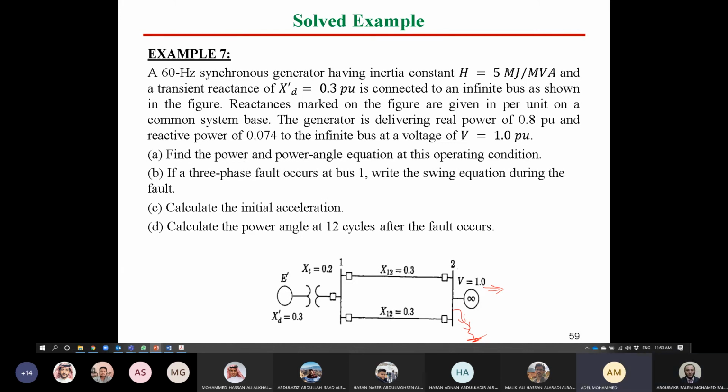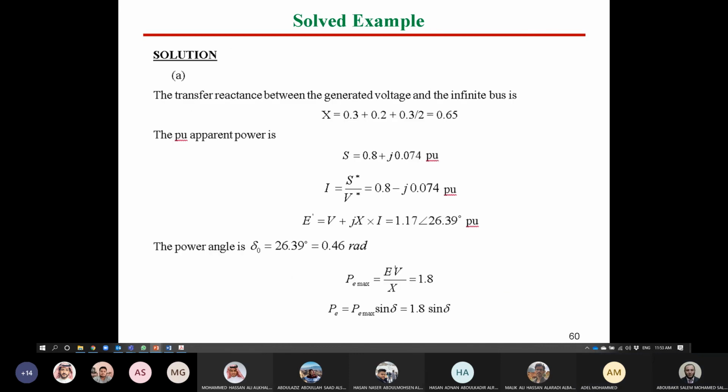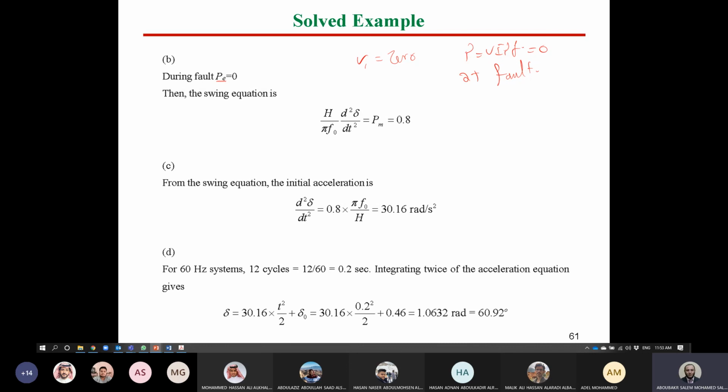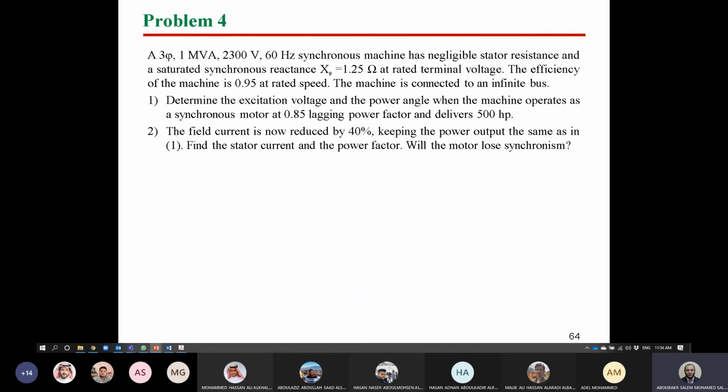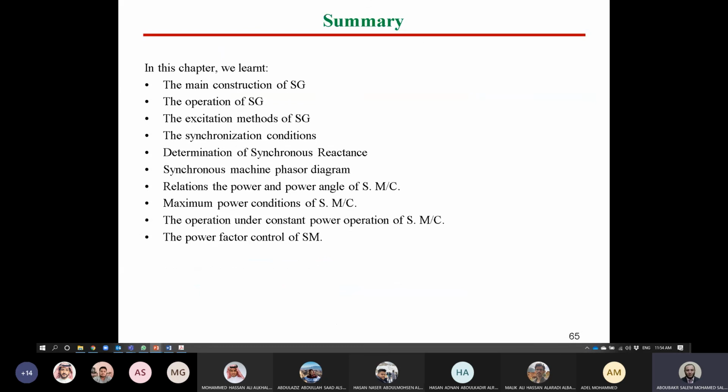Any question? So this was clear. Regarding the problems, we covered most of them and we will have a help session, God willing, on Sunday evening. This was a summary of what we have discussed in all of our chapters.